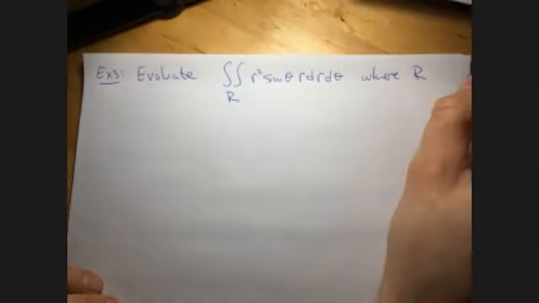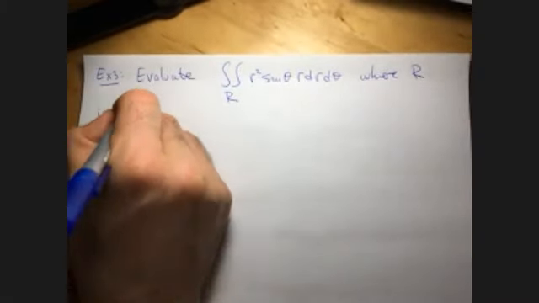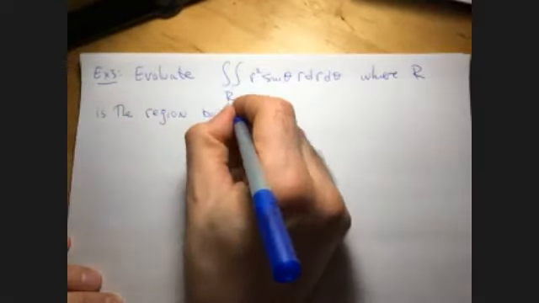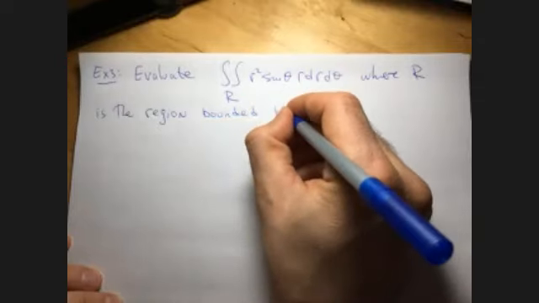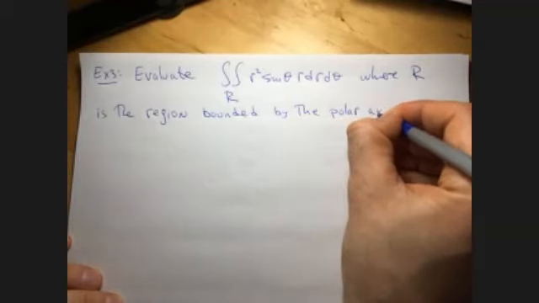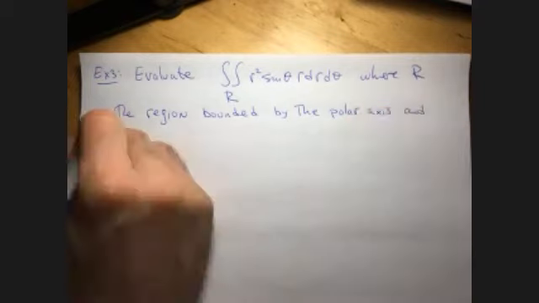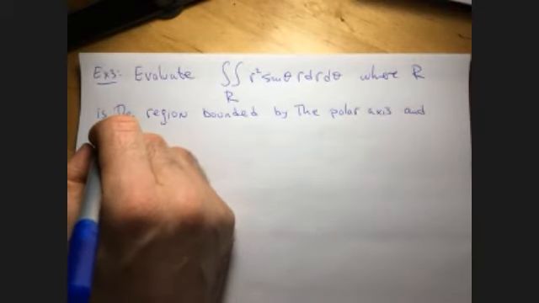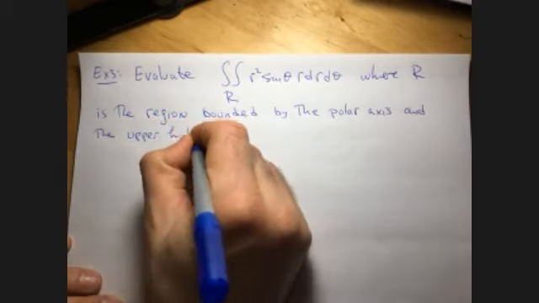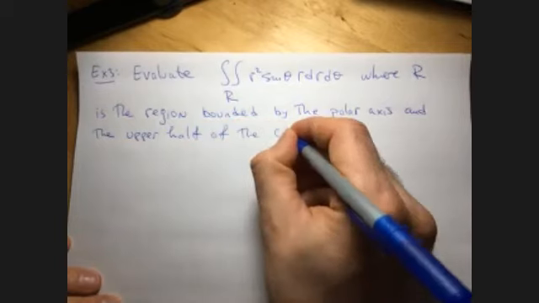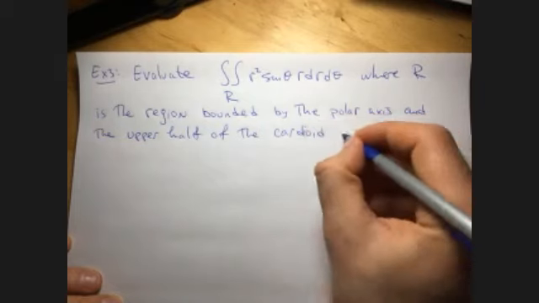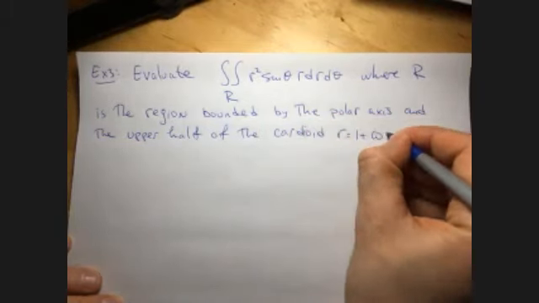Where R is the region bounded by the polar axis and the upper half of the cardioid r is equal to 1 plus cosine of theta.